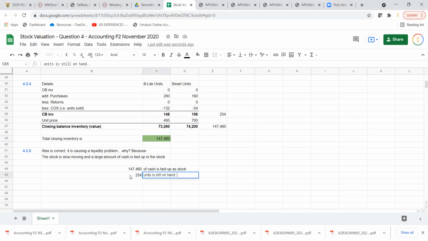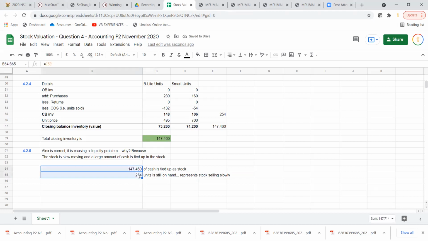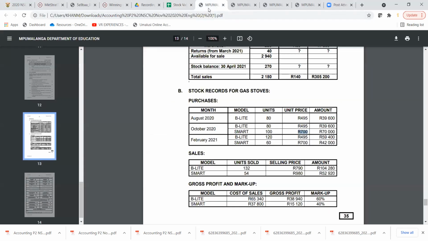So that represents stock selling slowly. As you can see, he bought quite a bit. He only sold 132 of B light, and he sold only 54 of smart units. So that is the numbers aspect. Show the numbers. Okay. Now the second part of the question said.